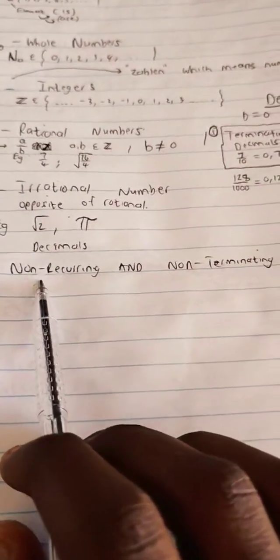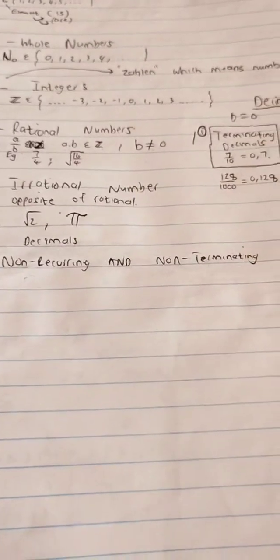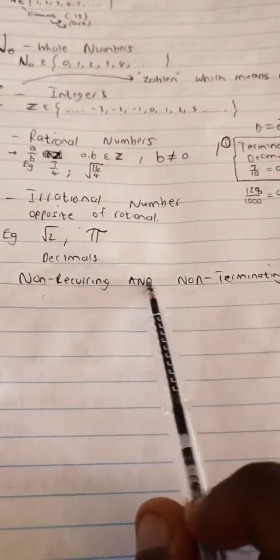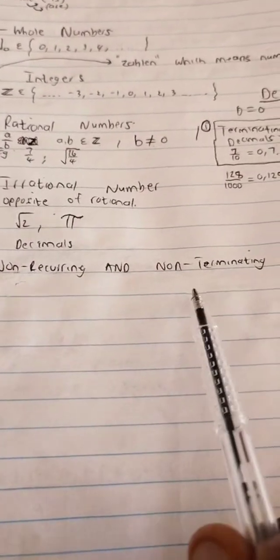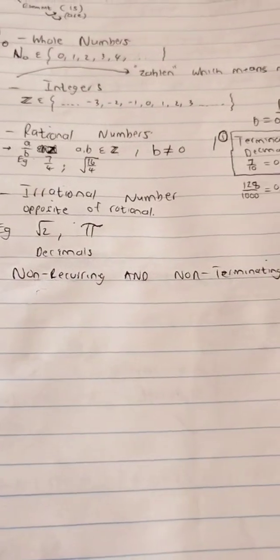In other words, there is no repetition and there is no pattern. No repetition and no pattern that exists, and then non-terminating means they don't stop.